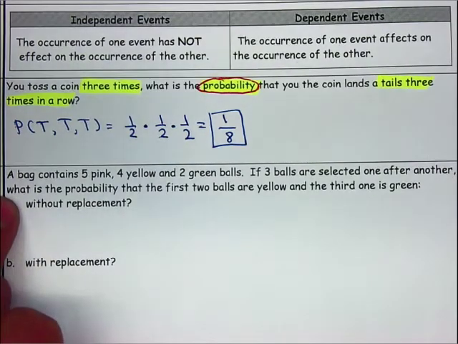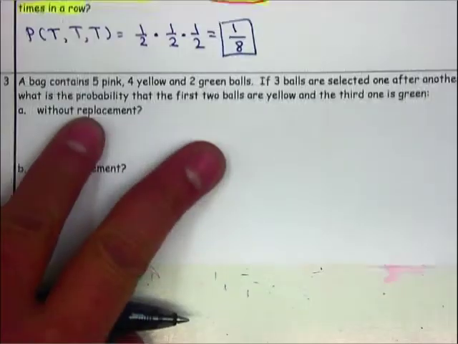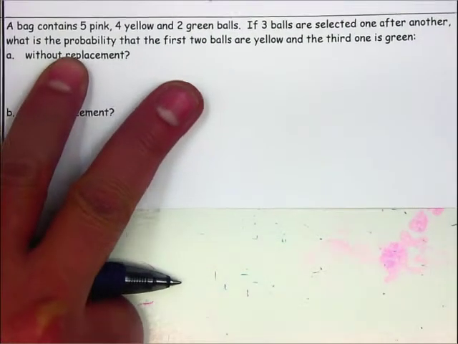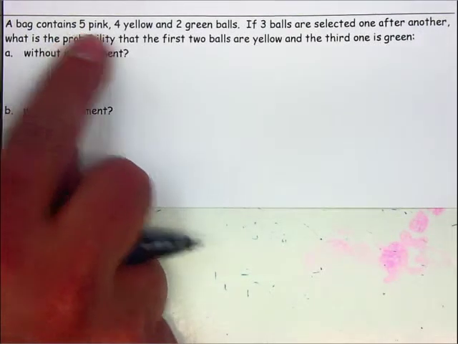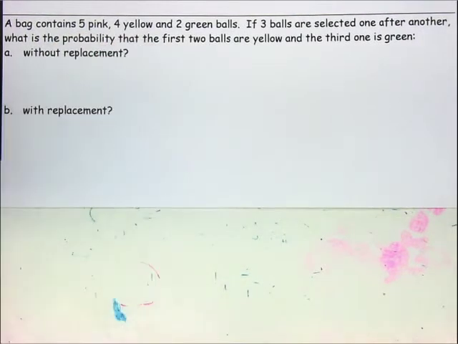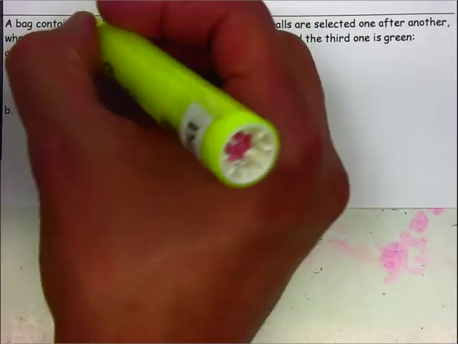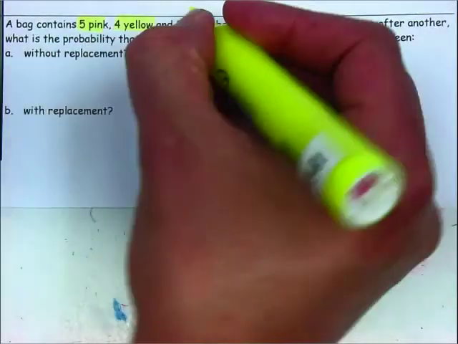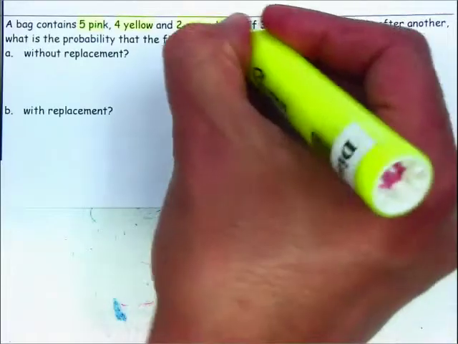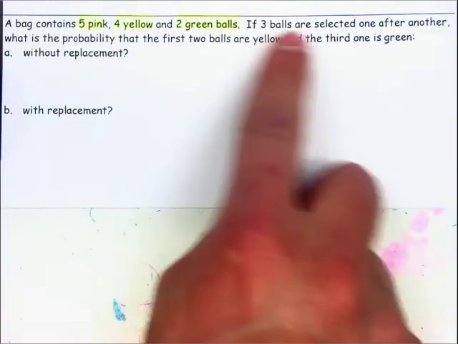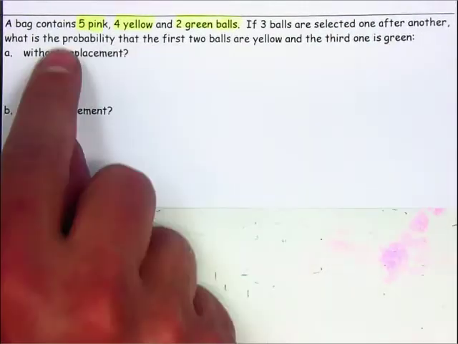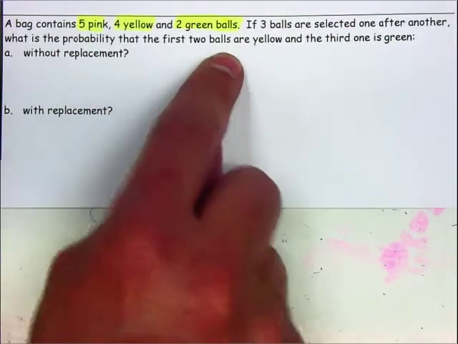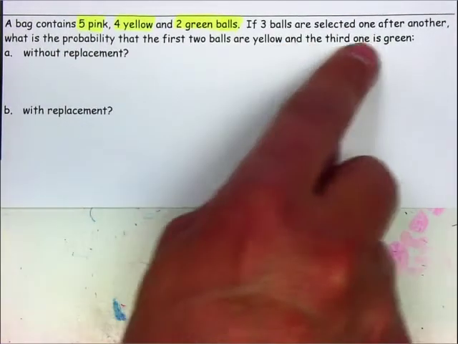Now, let's go through the next problem. It says, a bag contains 5 pink, 4 yellow, and 2 green balls. If the balls are selected at random, one after another, what's the probability that the first two balls are yellow and the third one is green?